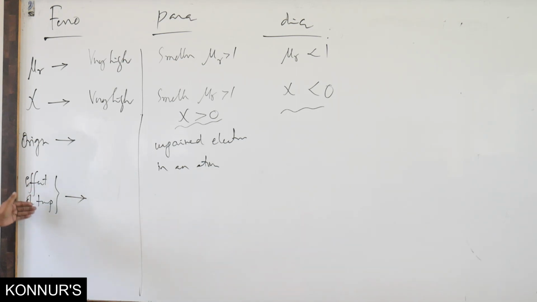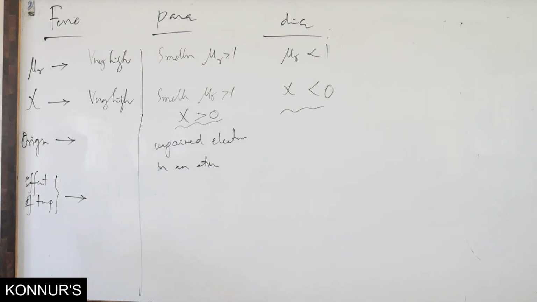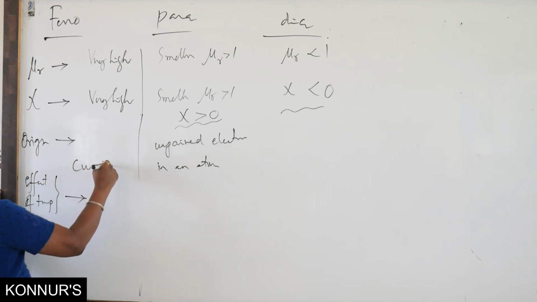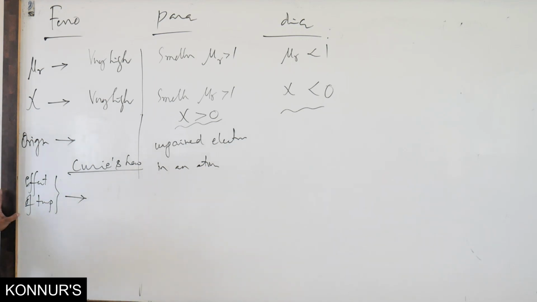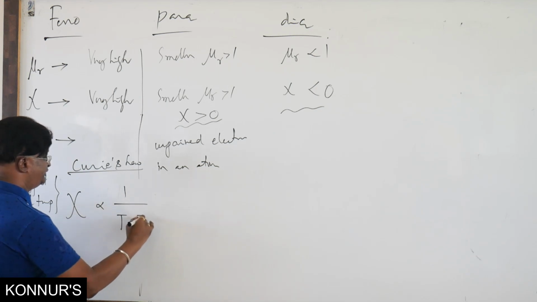Now, what will be the effect of temperature? Effect of temperature on the values of susceptibility or it can be capital I, all those things. The effect of temperature, which is very popularly called Curie's law. The effect of temperature on magnetic materials is called Curie's law, such that in the case of ferromagnetic materials, the relation will be in the form of chi proportional to 1 by T minus Tc.